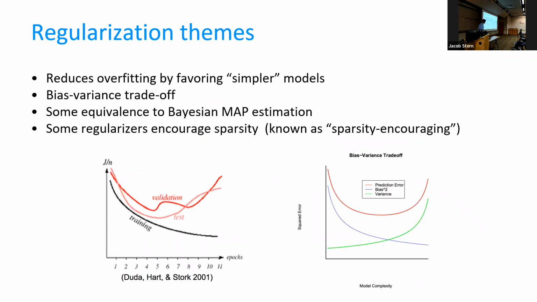All right, so some things that we're going to see come back over and over when we're talking about regularization. Generally, regularization tries to reduce overfitting by favoring simpler models. There's going to be this idea of a bias variance trade-off.